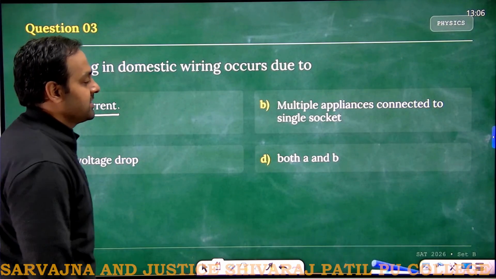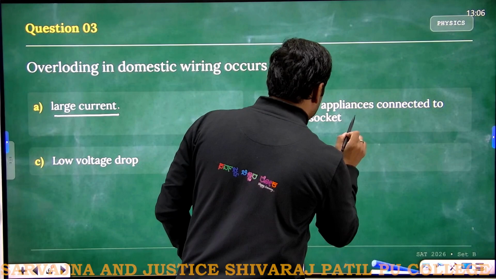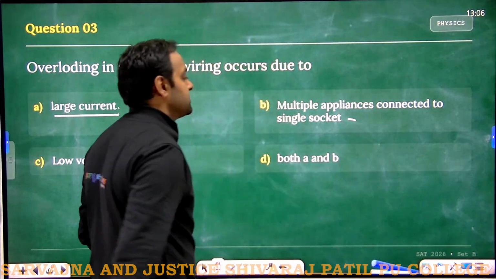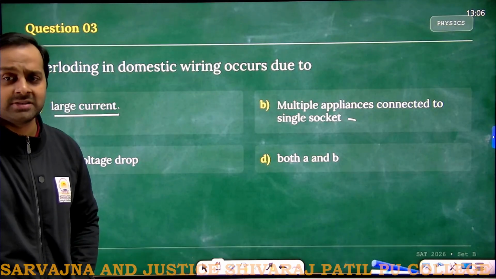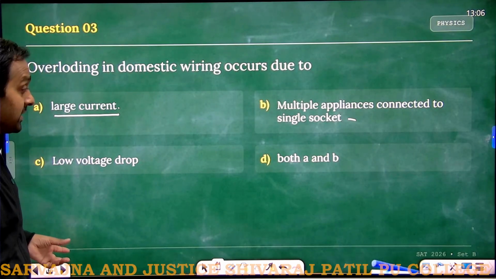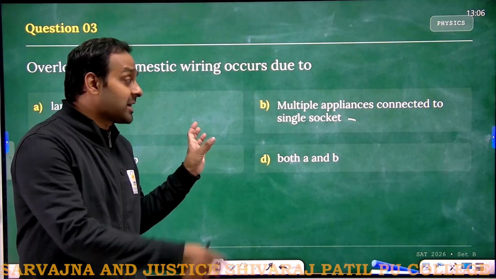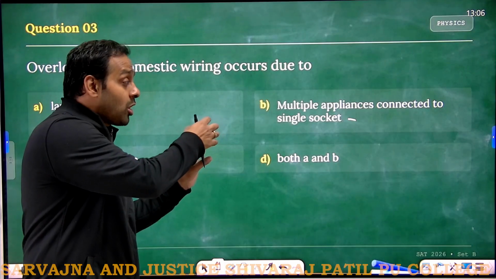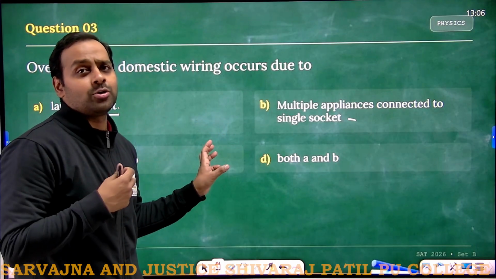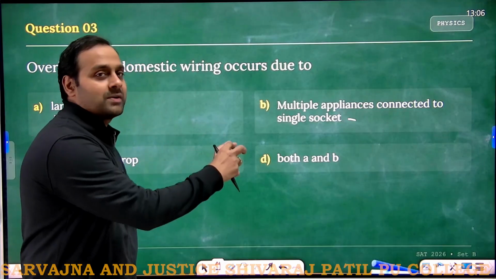Option B, what they are saying is multiple appliances are connected to a single socket. Okay, what happens in option B? If you connect multiple devices or appliances on a single socket, that single socket will try to draw more current. Why will it try to draw more current? Because you have connected multiple devices.